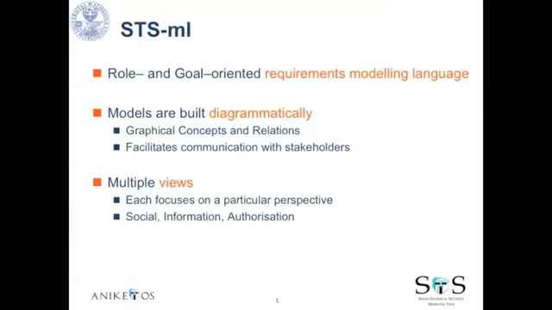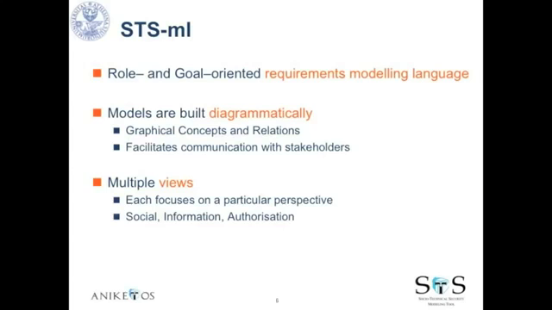So some more detail about the language, still descriptive. I think since you're following RE and OIS, perhaps you've been working with other modeling languages. STS-ML is a role and goal-oriented requirements modeling language. It is a graphical language in which models are built diagrammatically.